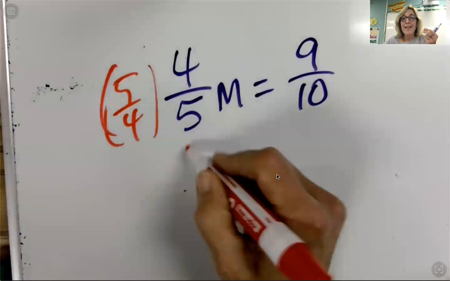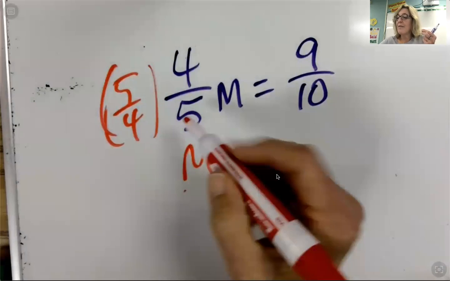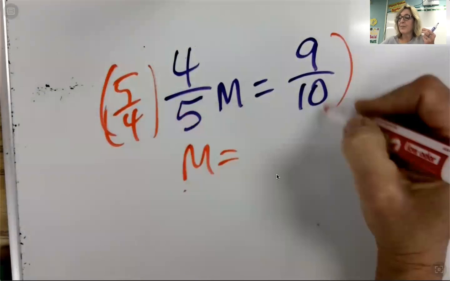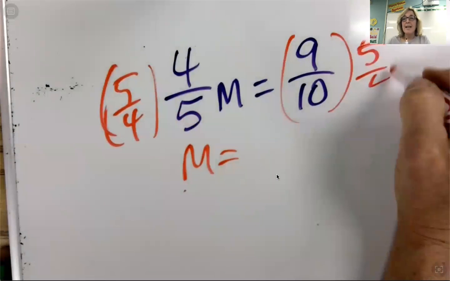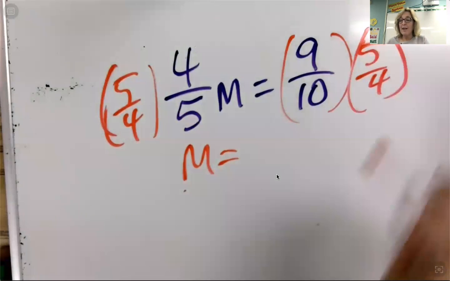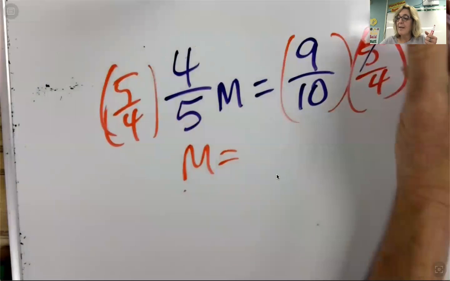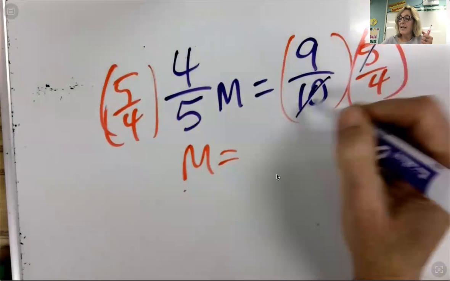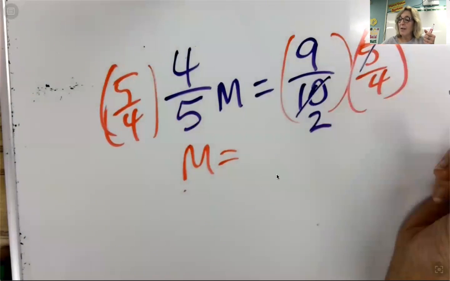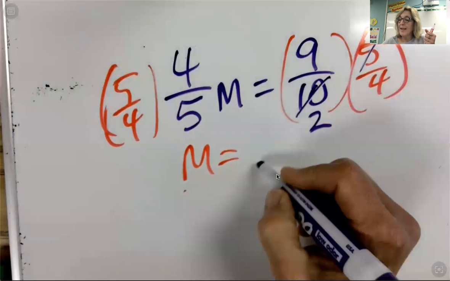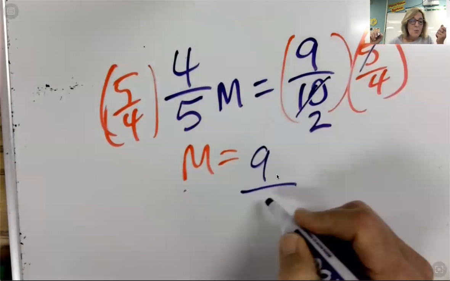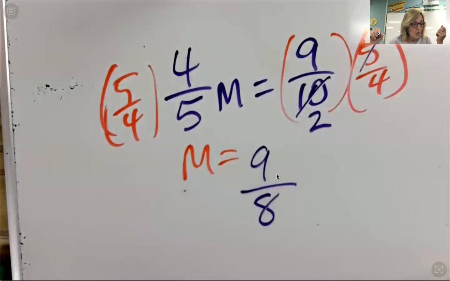Now, if we're going to multiply that side by 5/4, we also have to do it over here. And I can see that we can simplify the 5 by a factor of 5, the 10 by a factor of 5. And so now we have 9 times 1 is 9, 2 times 4 is 8, 9/8 would be the solution to that equation.